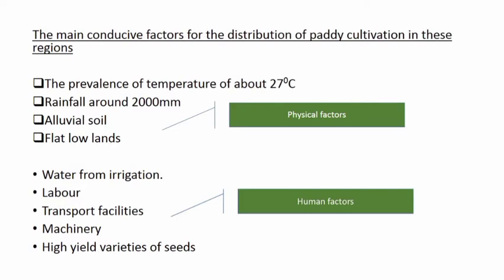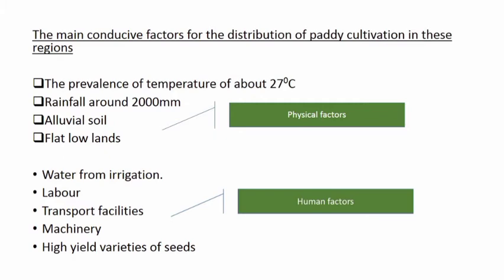Rainfall amount should be around 2000 millimeters. An alluvial soil is better for this agricultural type. Alluvial soil can be seen in river valley areas. Flat lowlands are suitable for paddy cultivation, but sometimes we can see paddy cultivation in hilly areas according to the terrace farming method.